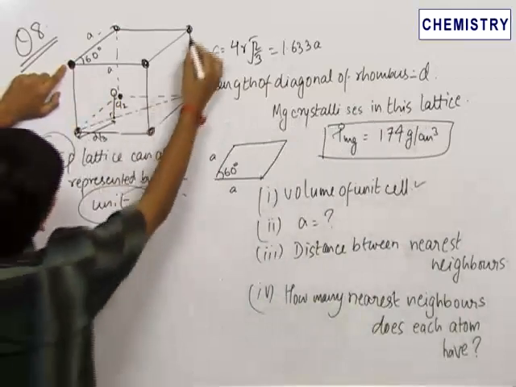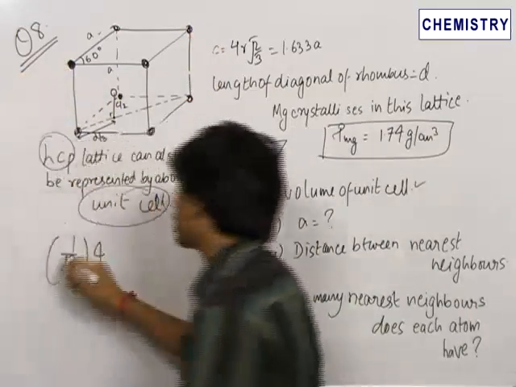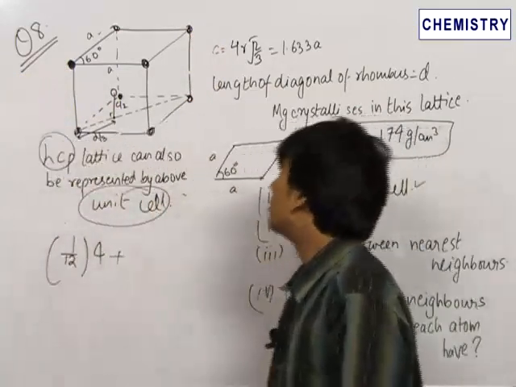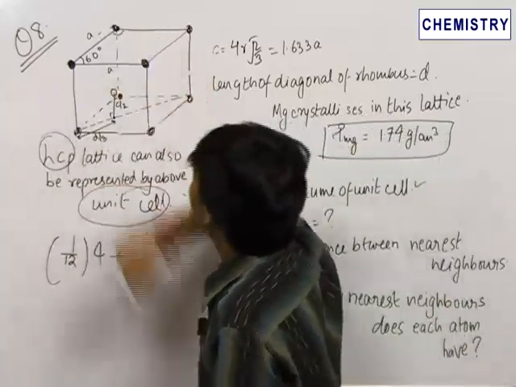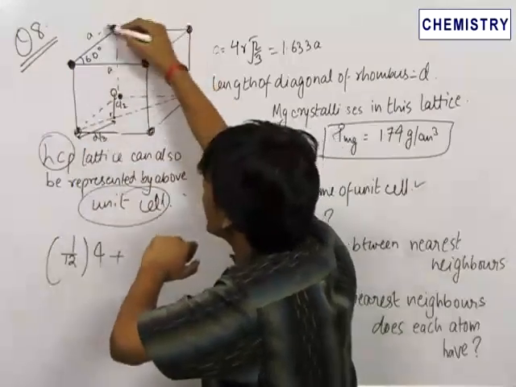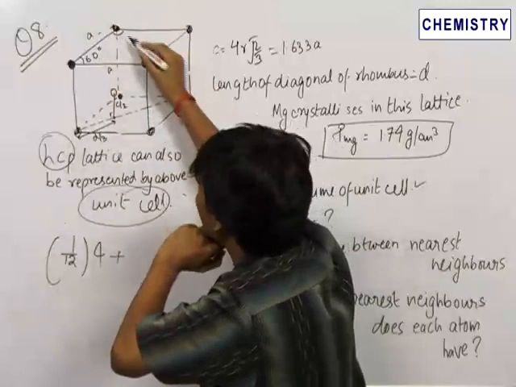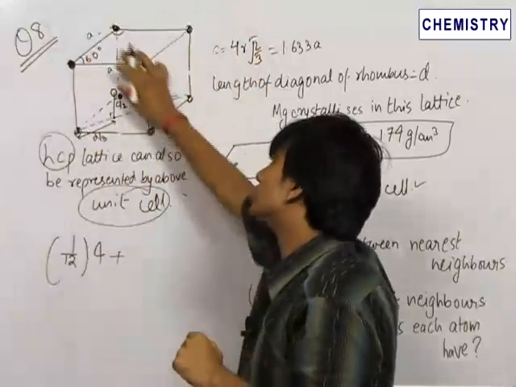Now the same goes for this atom, this atom, this atom, and this atom. Therefore there are 4 atoms which give a contribution of 1/12, plus these atoms, where the angle here is 120 degrees. Therefore 3 unit cells in this plane, making a total of 360 degrees, share this atom, and there will be 3 other unit cells above this which will share this atom.